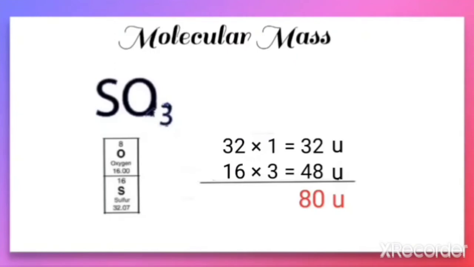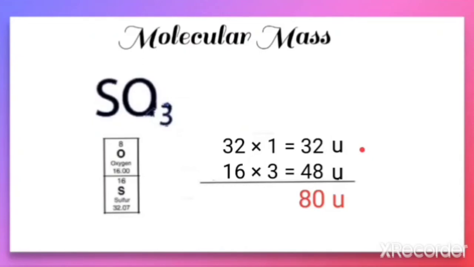Next, sulfur trioxide. The formula for sulfur trioxide is SO3. Identify which elements are present: oxygen and sulfur. The atomic mass for sulfur is approximately 32, into 1, because there is a single sulfur atom here, that is equal to 32.